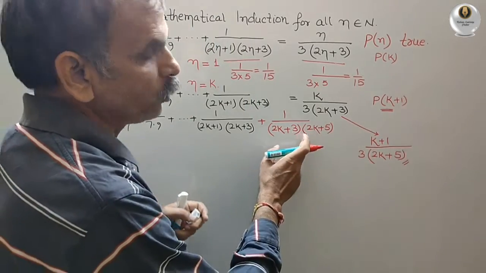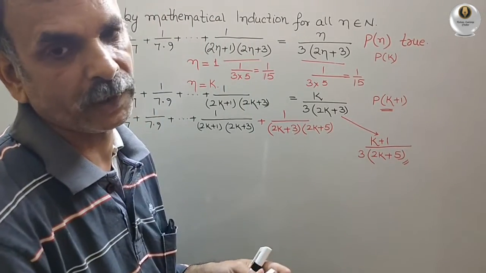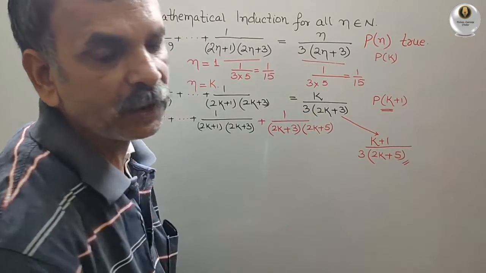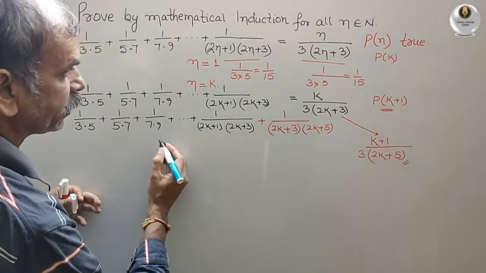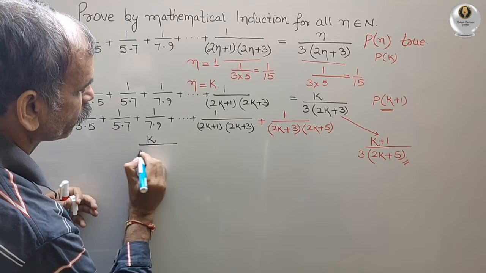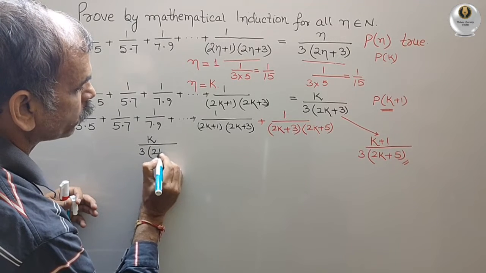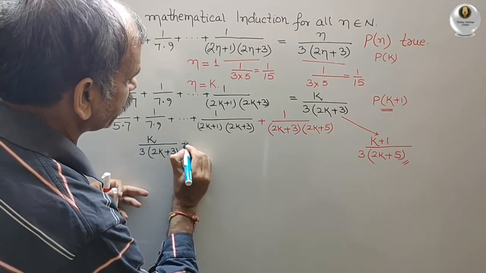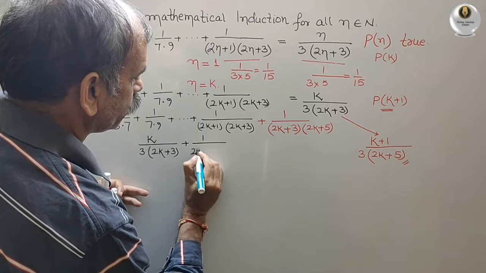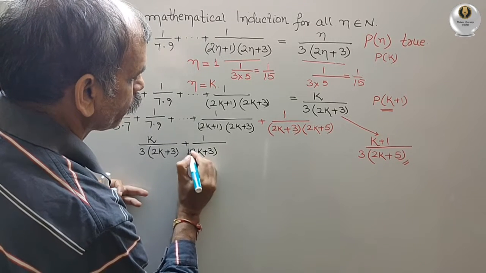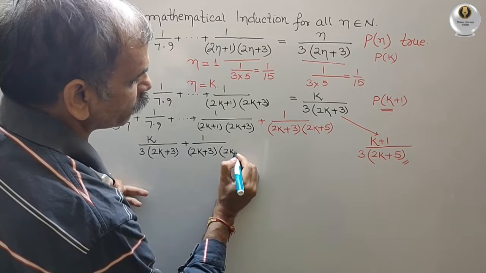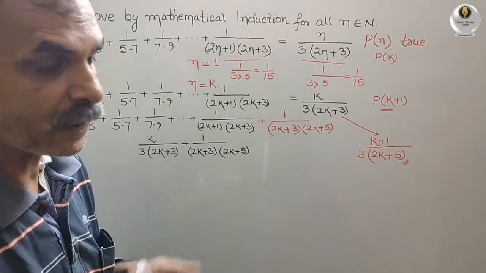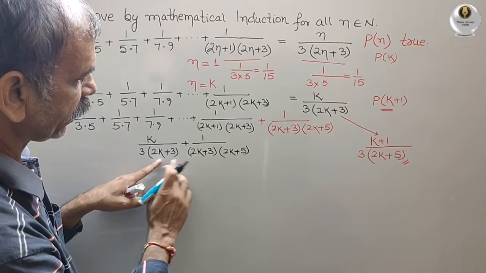Now we have to solve this LHS. What will we get? See, this first part is nothing but k by 3 into (2k plus 3). That only we will write here, k by 3 into (2k plus 3). And this is extra, here we have to add that, 1 by (2k plus 3) into (2k plus 5). Now take the LCM. What is the LCM here? You can see 2k plus 3 is here and here.